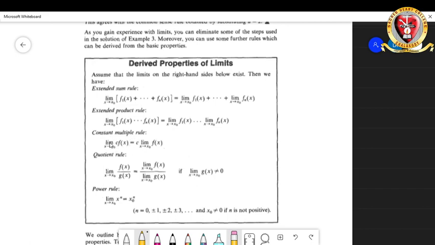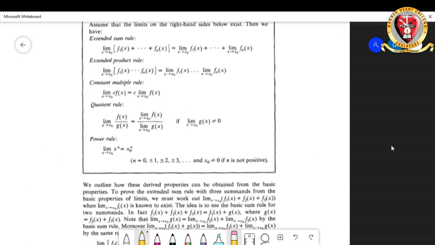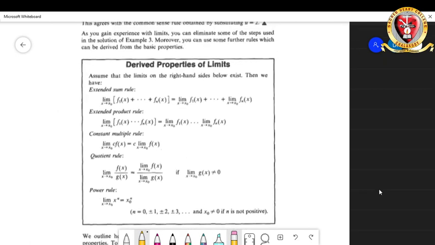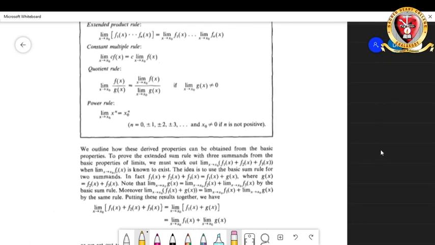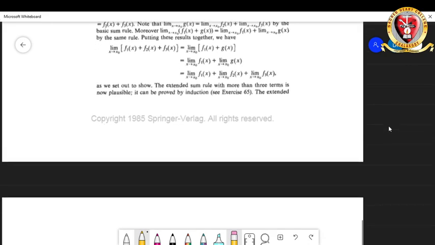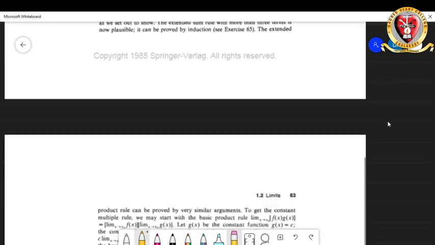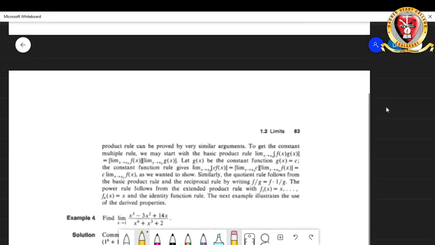That means limit c into f of x is equal to c into limit f of x. And then the quotient rule, the same. The power rule is limit x tends to x naught of x raised to n, can be calculated as x naught raised to n, where x naught is not equal to 0. These are the derived properties of limits, which are nothing but induction applied on the basic properties of limits.